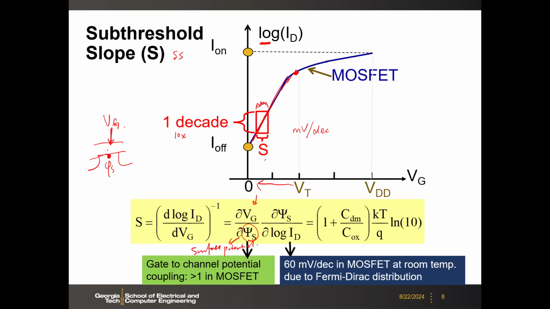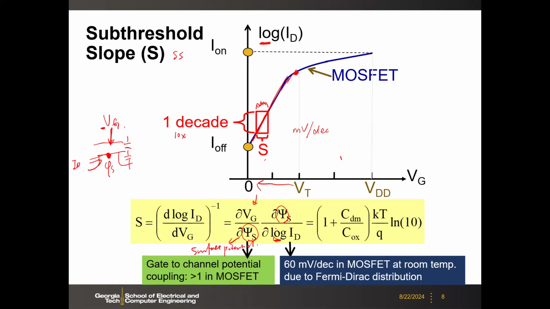There's a voltage drop, a loss of voltage due to the coupling from the gate and the channel capacitance. So let's say you apply 1 volt from your gate, maybe 0.7 volts is really applied to the channel.